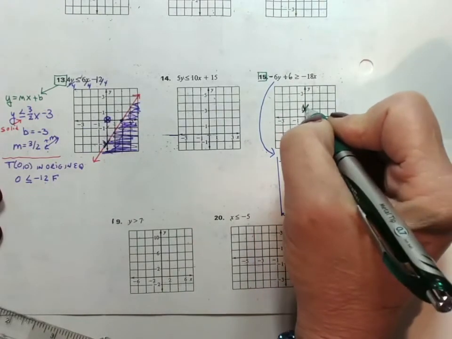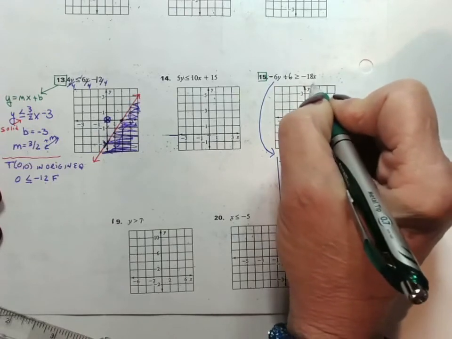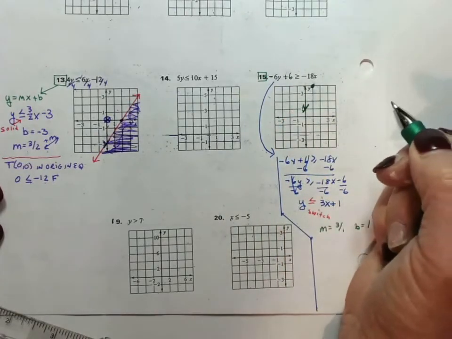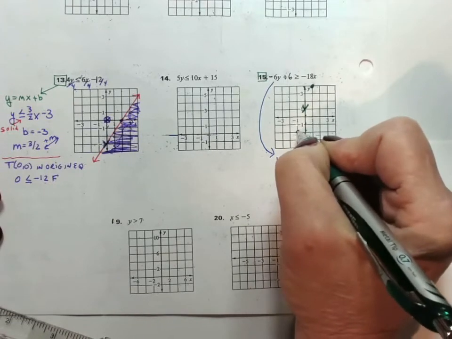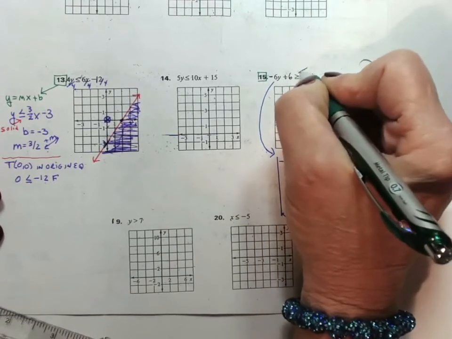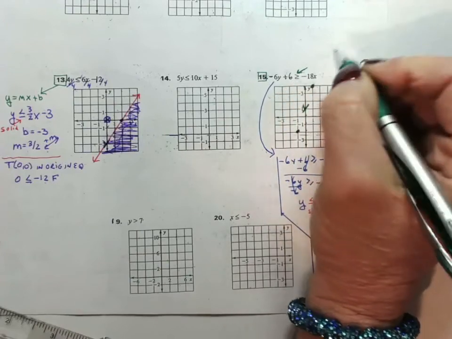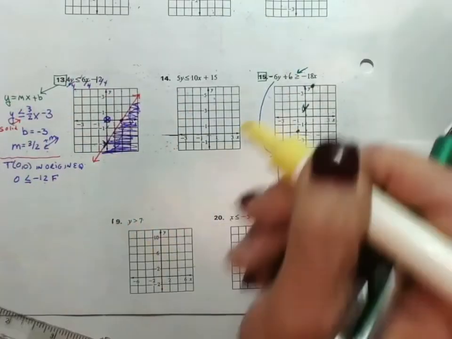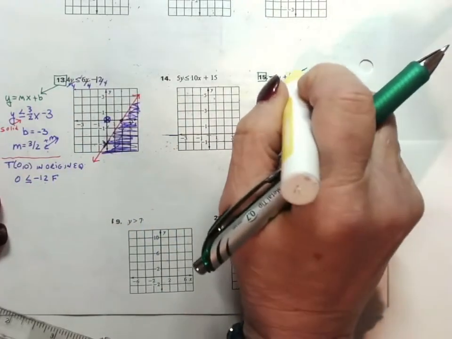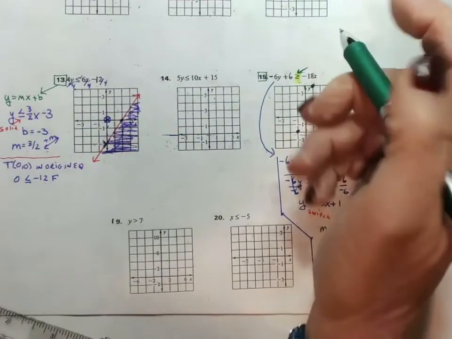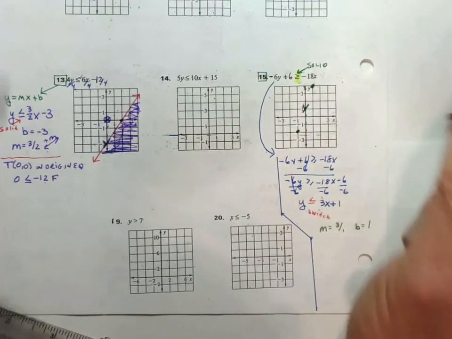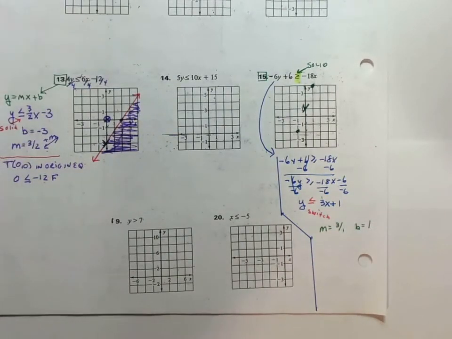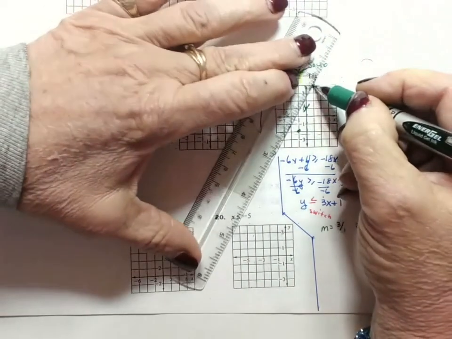I go up 3, 1, 2, 3 over 1. I go down 3, 1, 2, 3, back 1. And because I have an equals, this is a solid line. I draw the line.